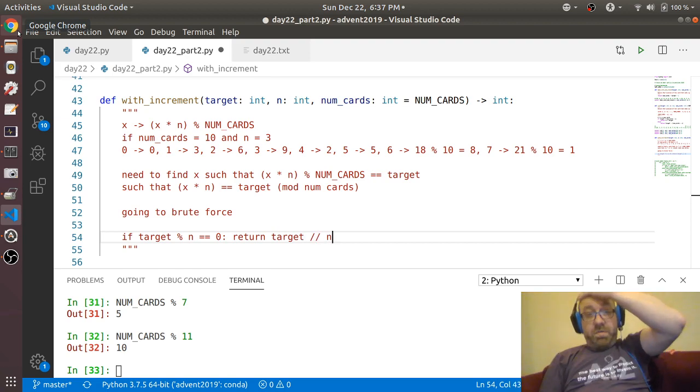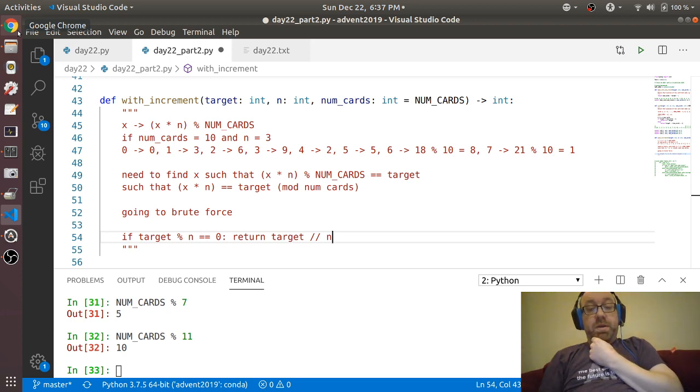So if I want to get to 9 and n is 3, I just divide by that.